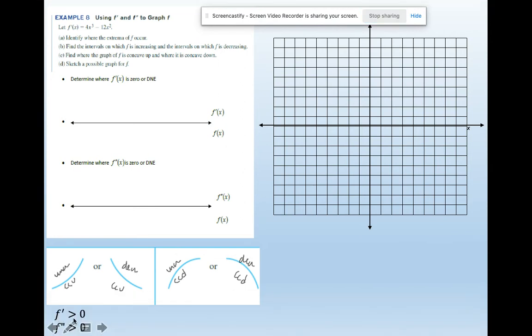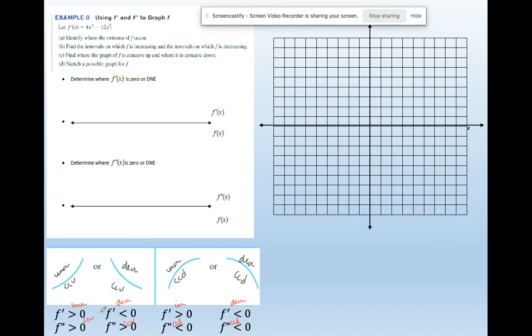If the first derivative is positive and the second derivative is positive, first derivative positive, increasing, concave up. First derivative negative means you're decreasing. Second derivative positive, concave up. First derivative positive, increasing. Second derivative negative, concave down. First derivative negative, second derivative negative.